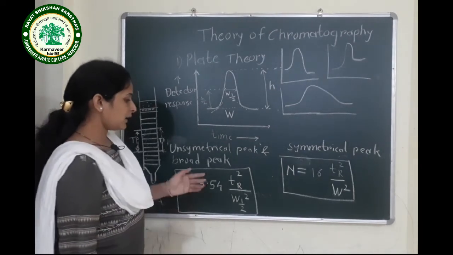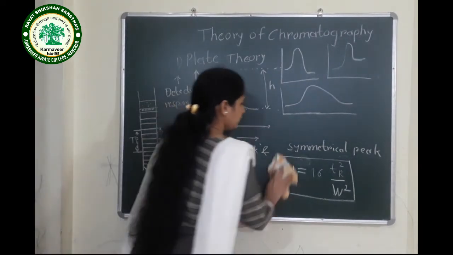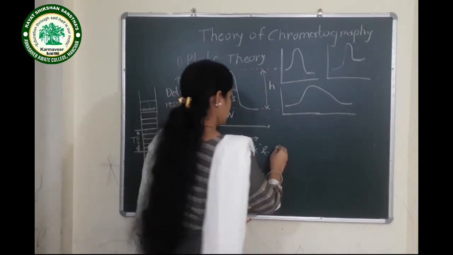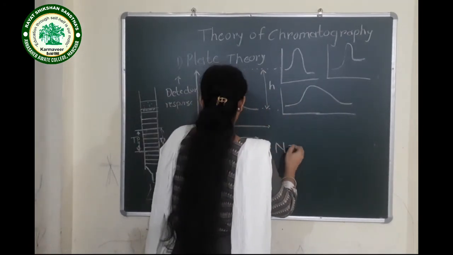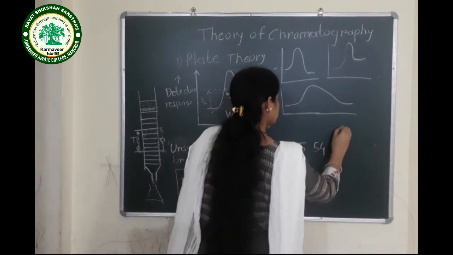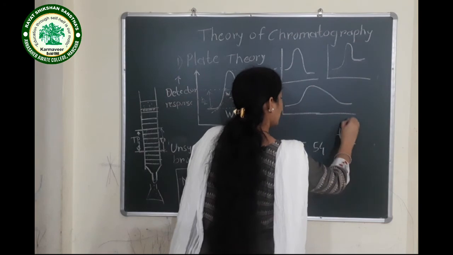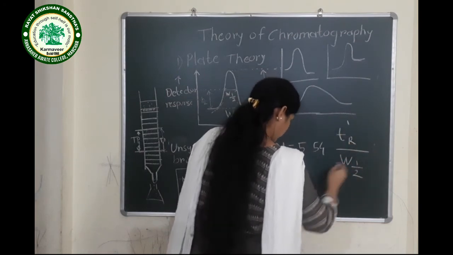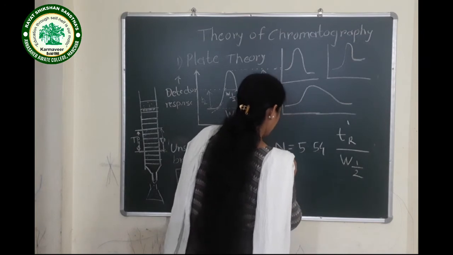For the corrected retention time, the equation will be written as, for the unsymmetrical peak, TR dash in place of TR, upon W half, and this is N effective.